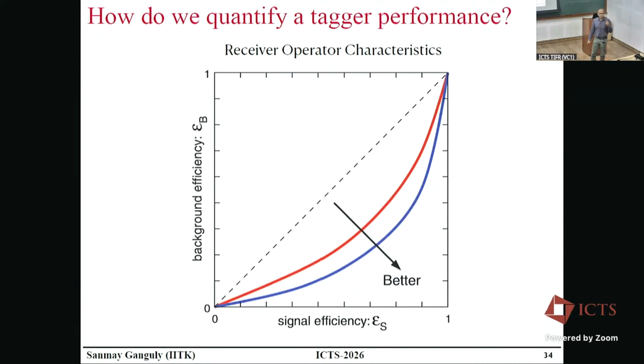First of all, you want to design classifiers which take you more and more towards this region. But you know there is a theoretical upper limit beyond which you can never realistically go.